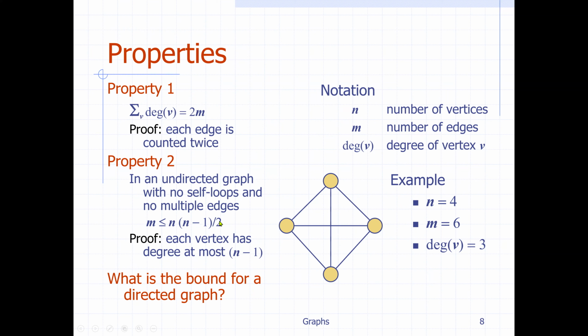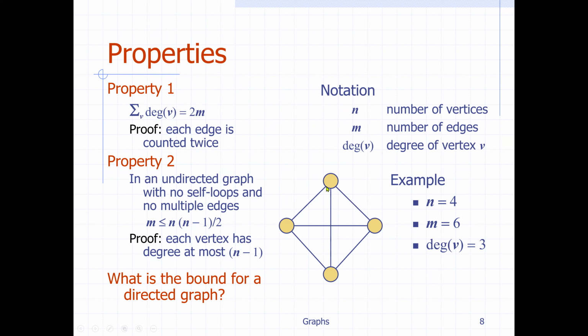Now, to prove this, we can say that each vertex has degree at most N minus 1. So if N minus 1 is at most for each vertex, we multiply by N, how many vertices we have, and divide by 2. And that again will represent M. The edges should always be less than that or equal, at most.